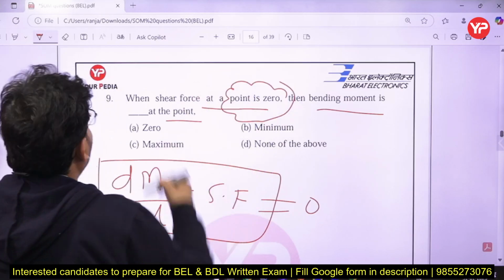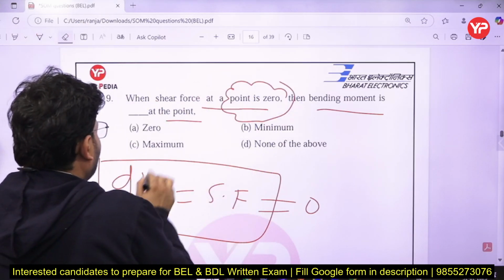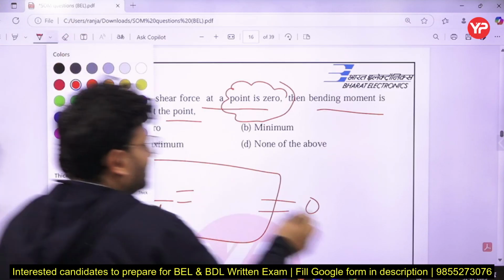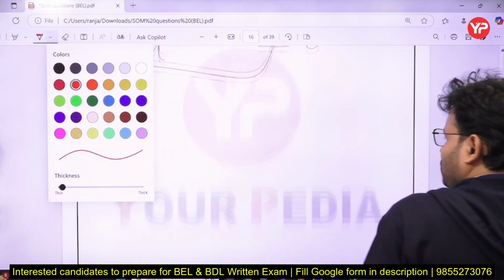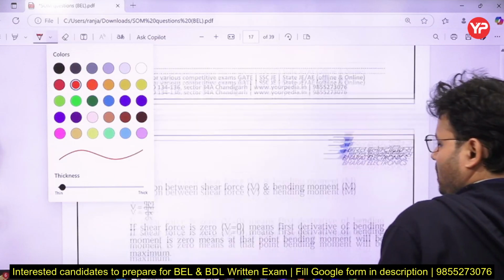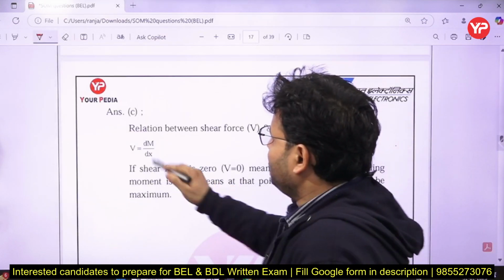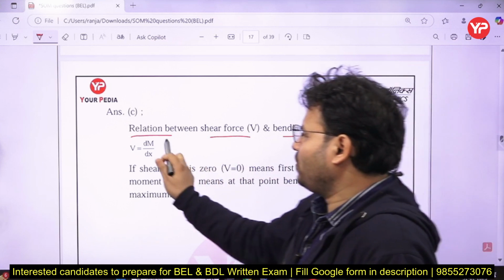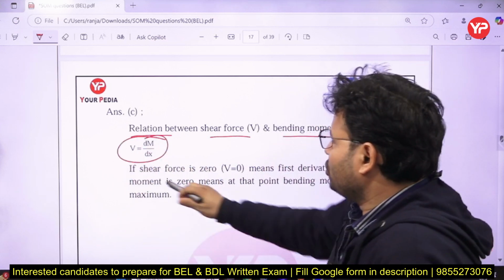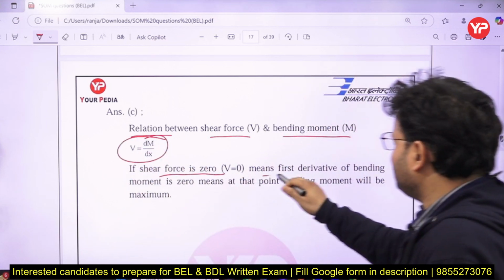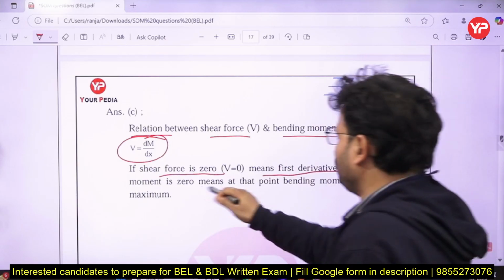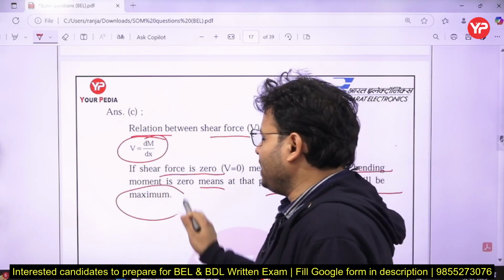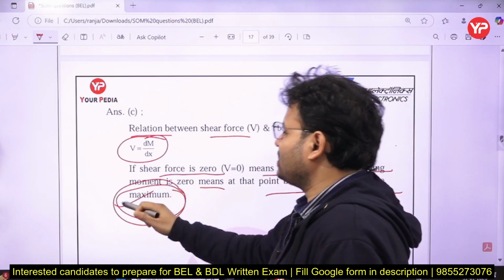Okay, so here we can say, coming with the answer: in the relationship between the shear force and bending moment diagram, V equals dM upon dx, right? So if shear force is 0, it means the first derivative of the bending moment is 0, meaning the bending moment will be at its maximum.